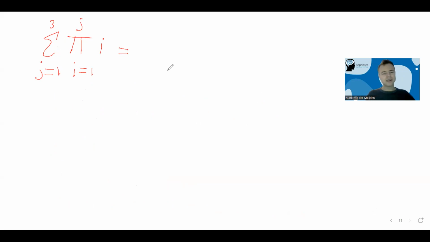What happens here is we normally would like to start with the right one, because that's the one on the inside. But we cannot do that because we don't know the upper value. So here we are forced to start with the left one, with the outside summation. So, okay, that's fine. We will just do that. J is 1, J is 2, and then J is 3.